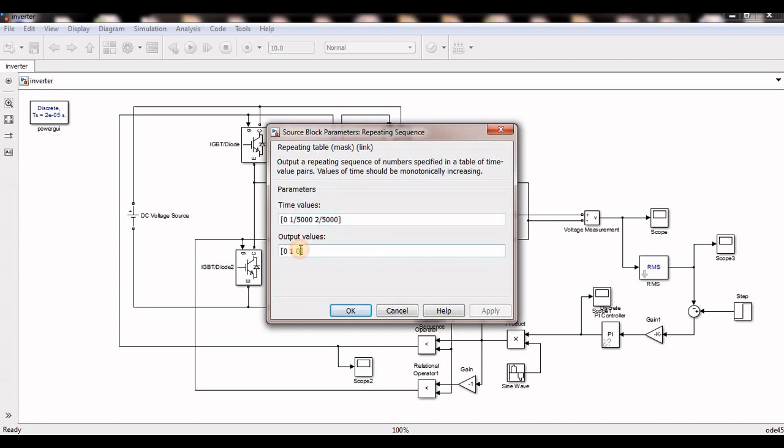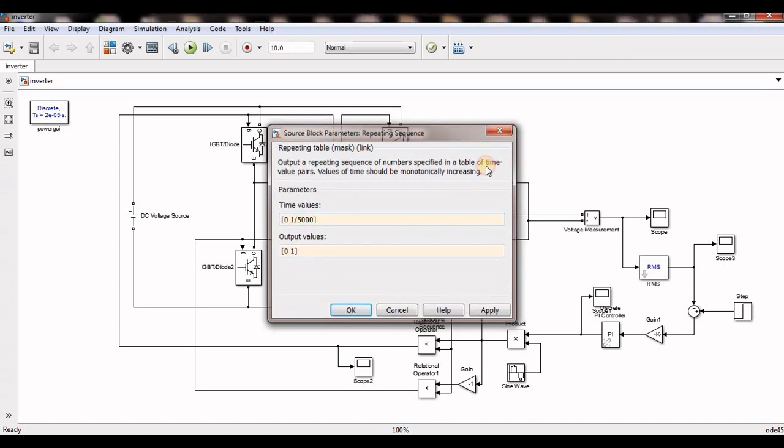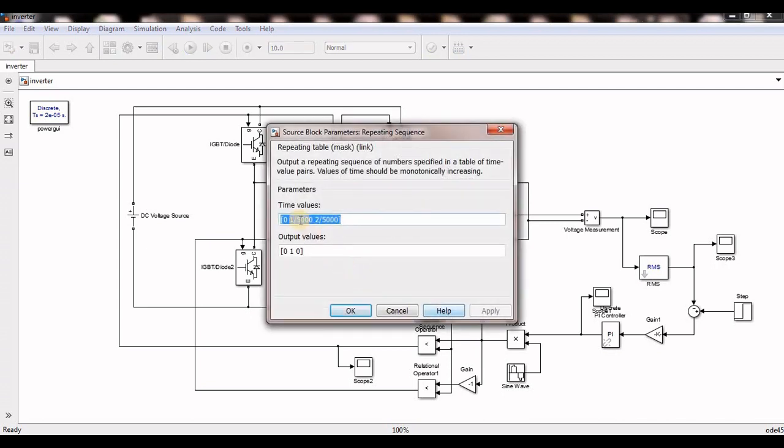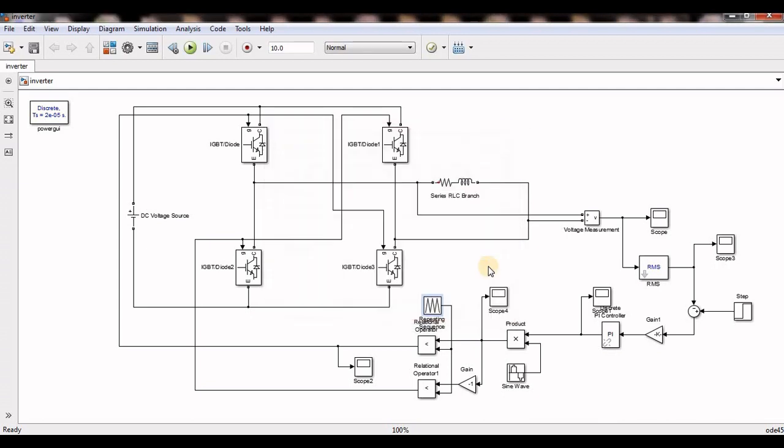So if you consider only 0, 1, and this is from 0 to 2, it will convert to a sawtooth, not triangular. So in this case the frequency is 5000. So now it is triangular and my frequency is 2500. So now we will run the program.